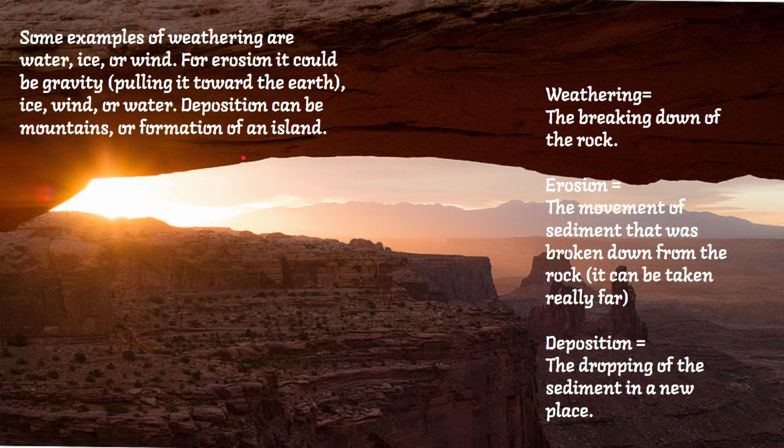Erosion is the movement, like gravity pulling it toward the earth, or ice, wind, or water. And deposition can be mountains or the formation of an island.